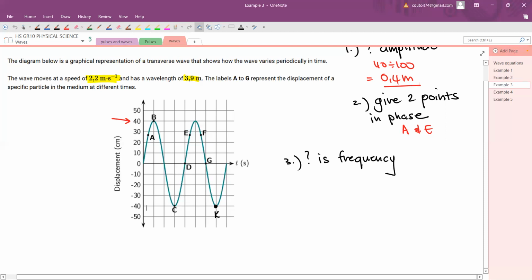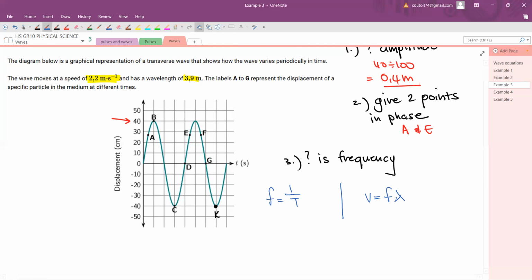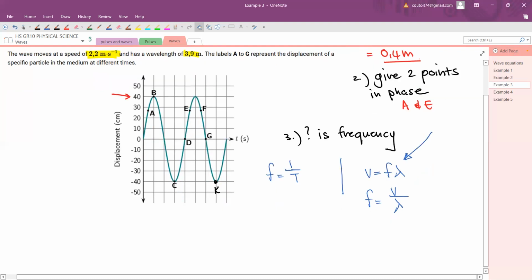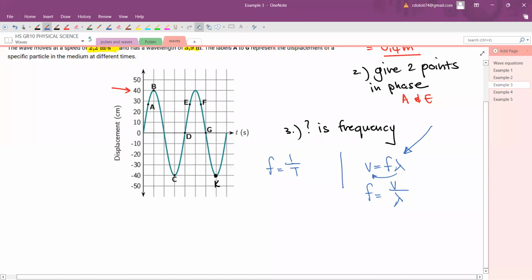Give me equations, please. Frequency is 1 over time. Velocity is frequency times lambda. What about using this one? Because the frequency is the velocity divided by lambda, isn't it? If I divide lambda away, I get velocity divided by lambda is frequency.